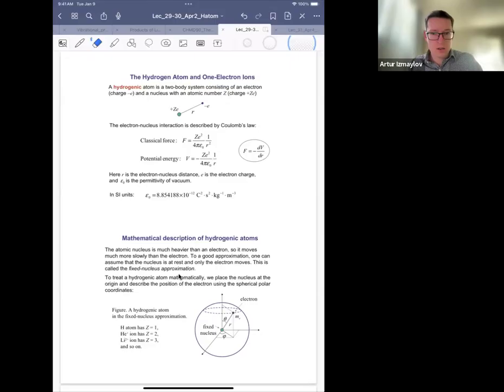Does anybody remember? Should I start? Okay, so we had particle on a ring, particle on a sphere, and that was our path to the hydrogen atom, right? So that's the idea.